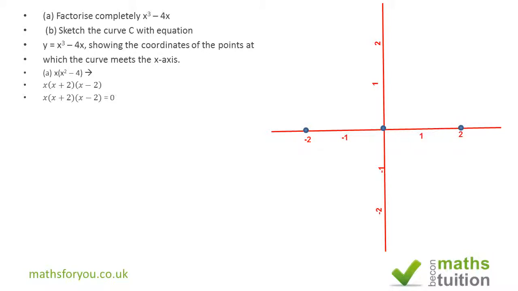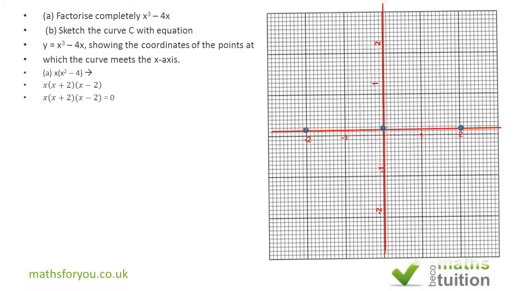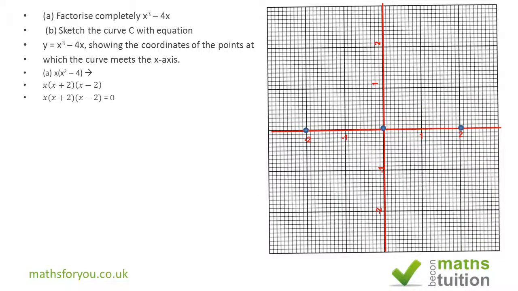Now to sketch the graph: because the coefficient of x cubed is positive, our graph is going to start from the third quadrant and go up, then through (0, 0), and then up again there.